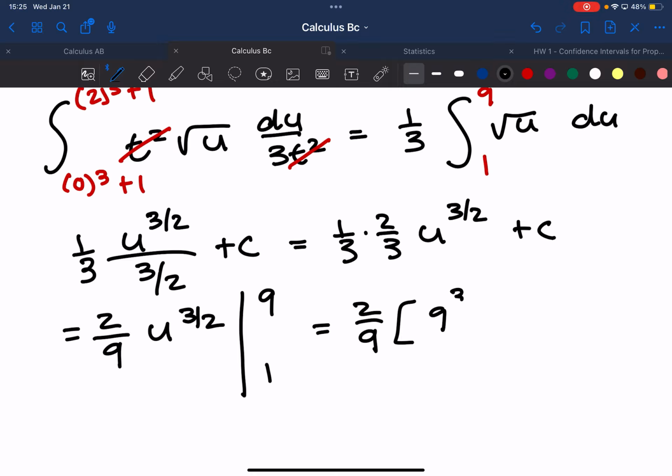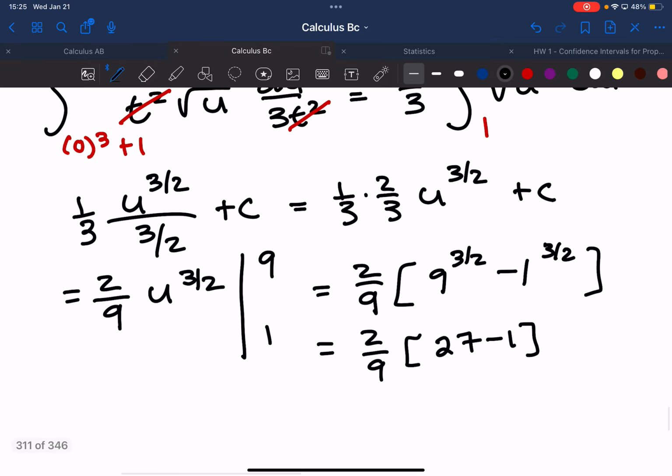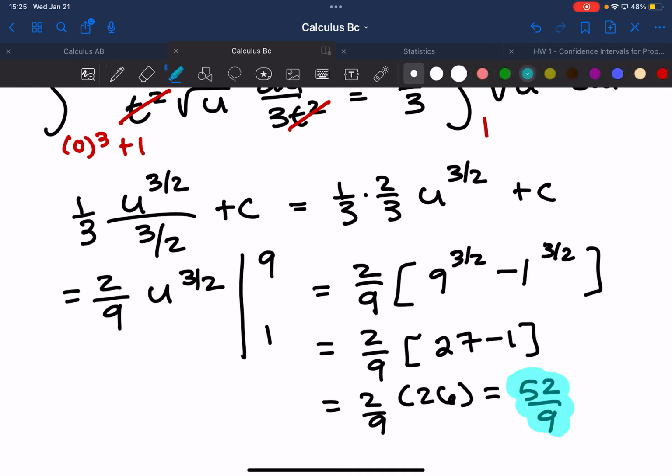So this is 9 to the 3/2 minus 1 to the 3/2, which is equal to 2/9 times 27 minus 1, which is equal to 2/9 times 26, which is 52/9. So notice when we did this one, since we changed the bounds, we did not have to go back and substitute what u was back in. We left it in terms of u, used our new bounds of u to solve for the answer.